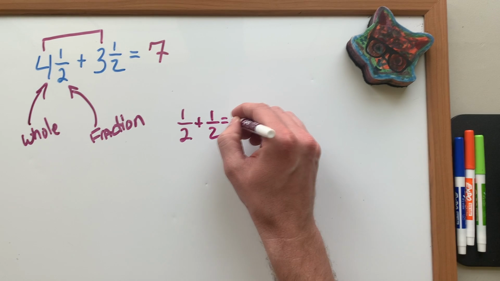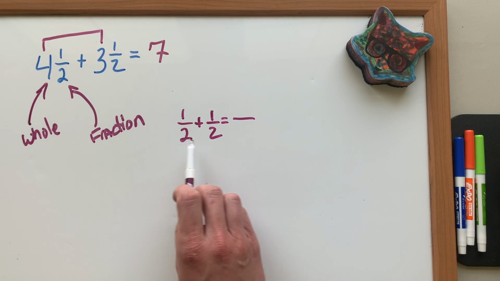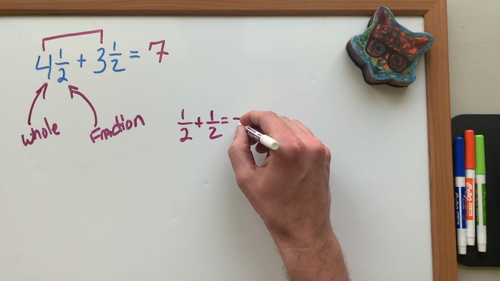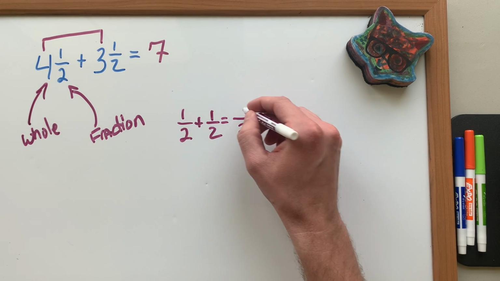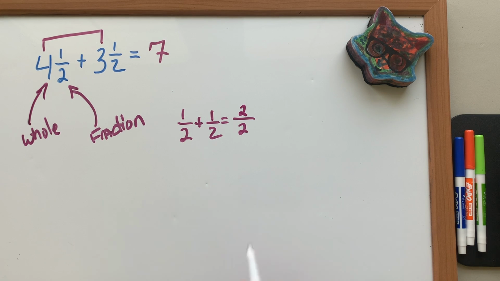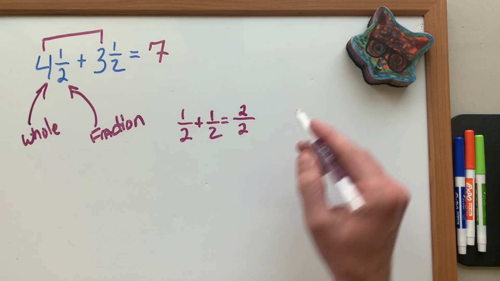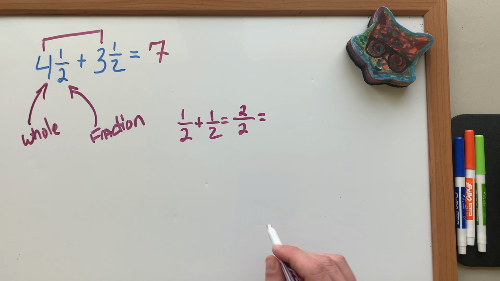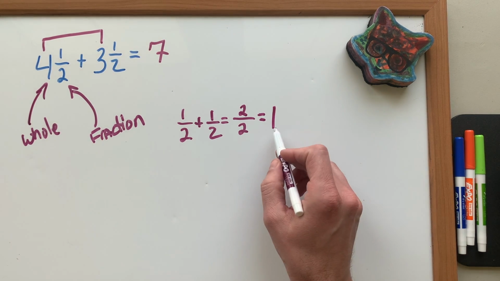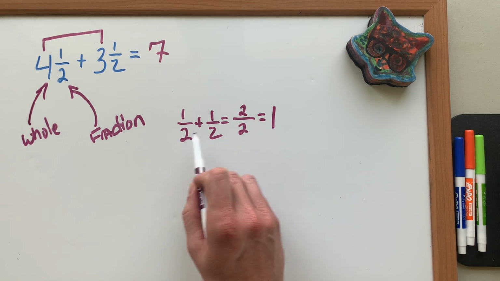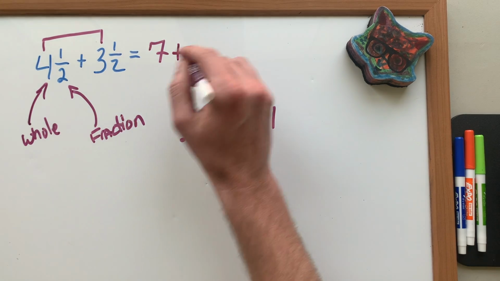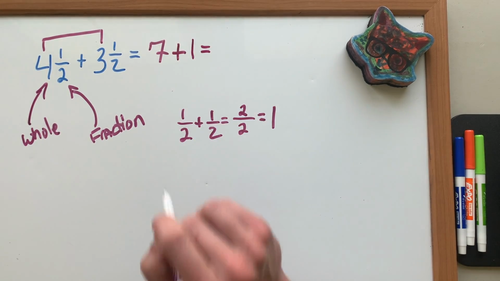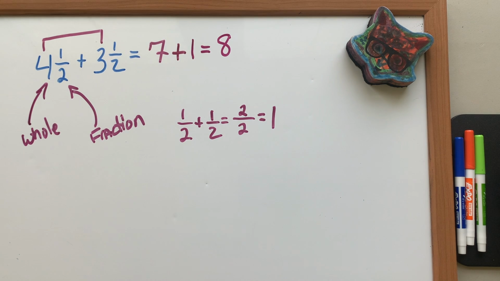If you recall, when you add fractions that have the same denominator, you keep that denominator and you add the numerators together. 1 plus 1 is equal to 2. Now I have the fraction 2 over 2, and anything divided by itself is 1. So this is the sum of the fraction parts. We're going to add that to the sum of the whole parts. 7 plus 1 is equal to 8.